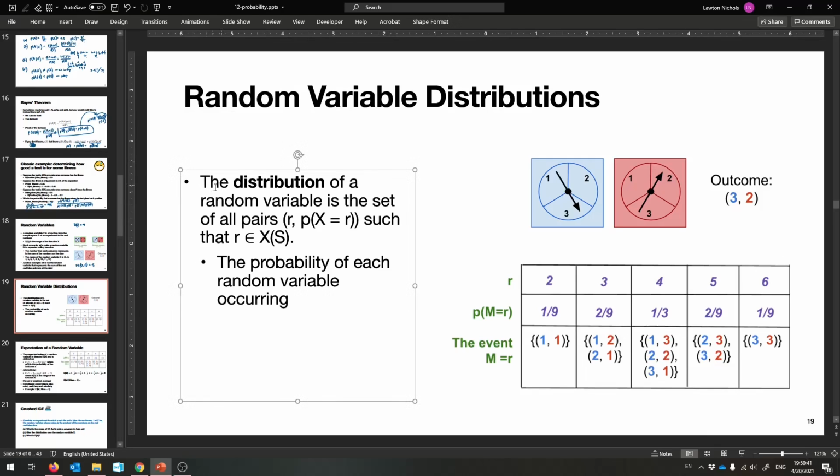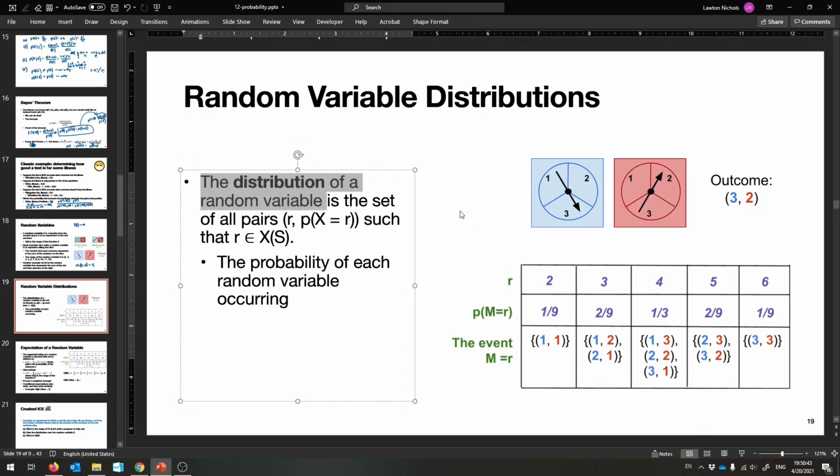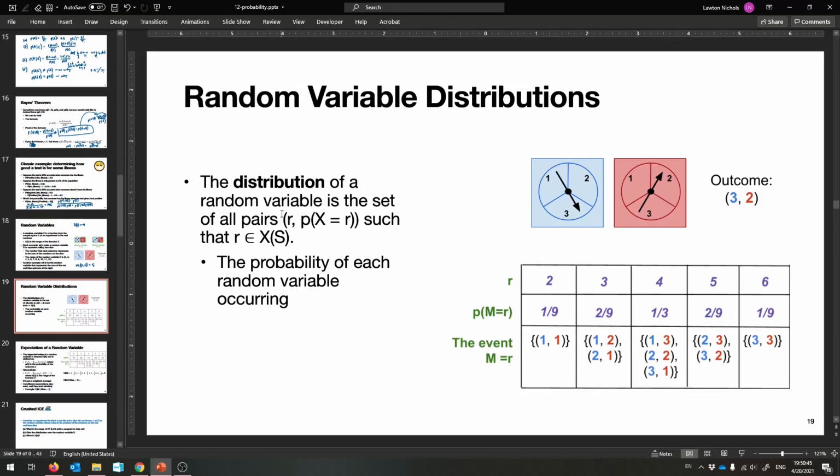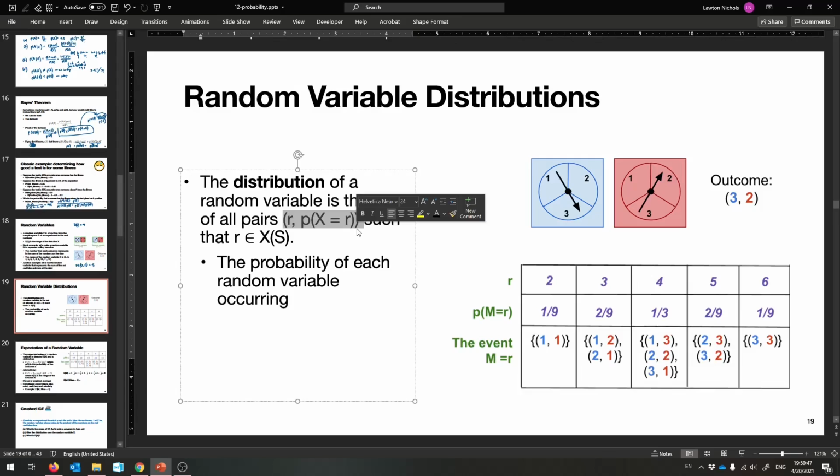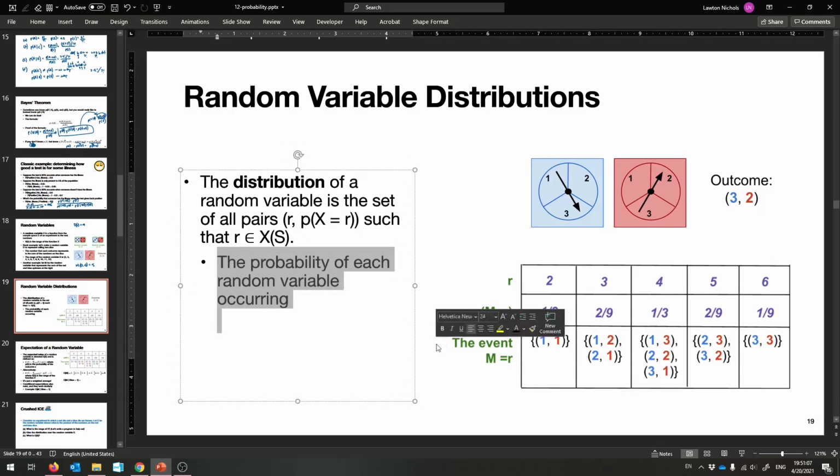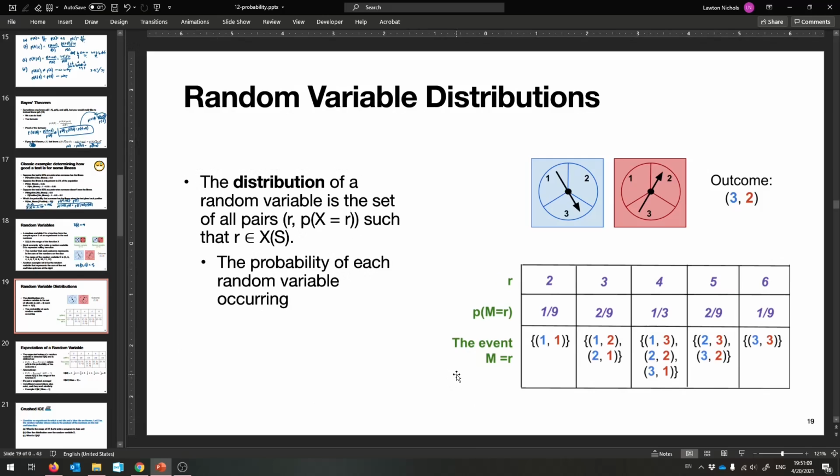The distribution of a random variable is another set, this time of pairs, of all the values in the range of the random variable and the probability that the random variable equals that value. So it's the probability of each value occurring. That's what the distribution will tell you.